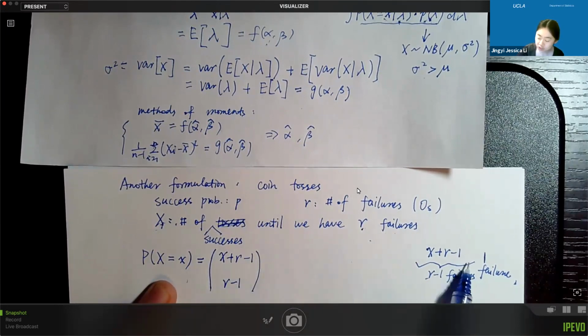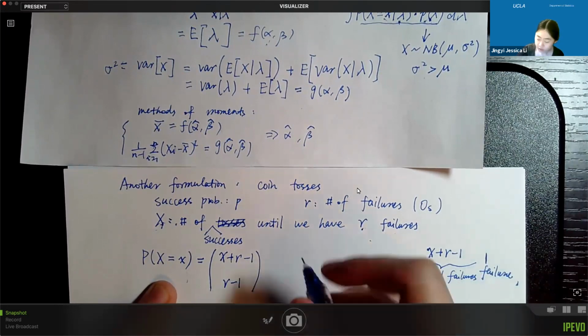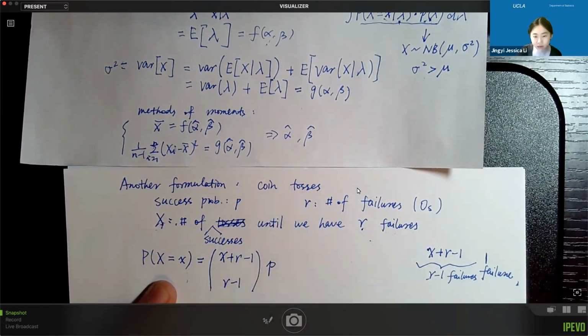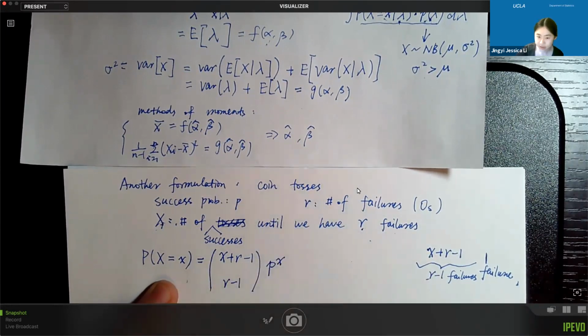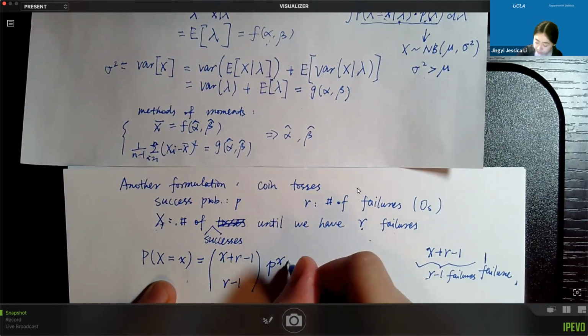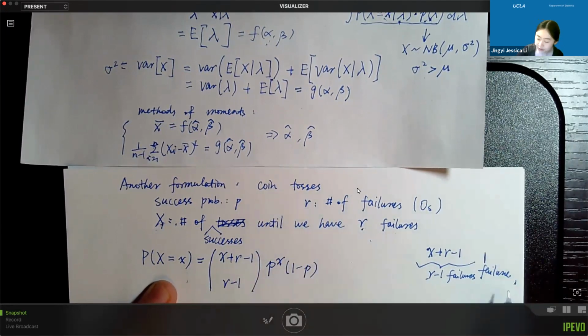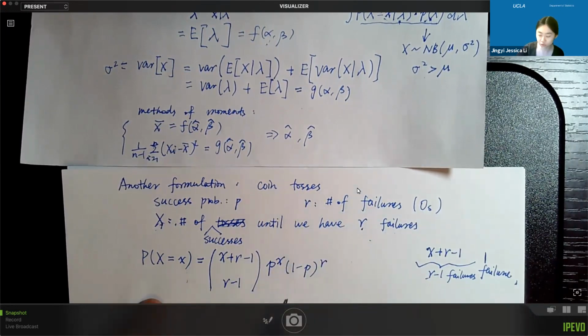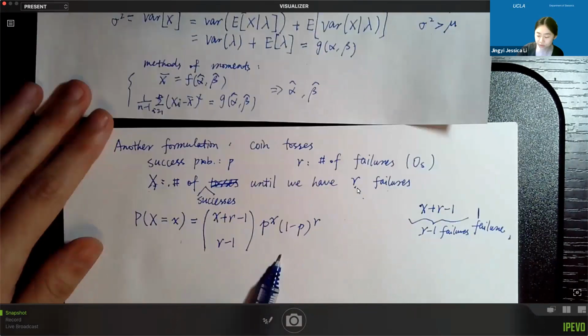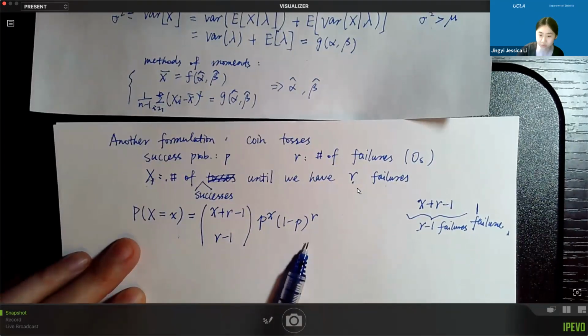And then for each success, we will have probability P, and we multiply these probabilities together because each toss is independent of each other. So we have how many successes? X successes. And how many failures? R failures, right? R minus 1 here, and the last one here.